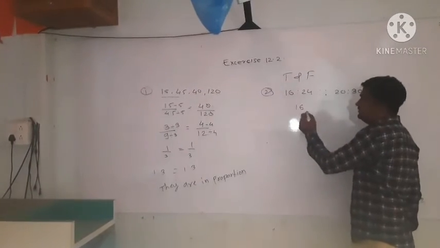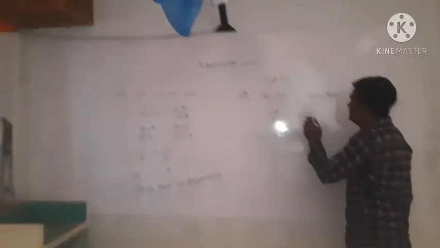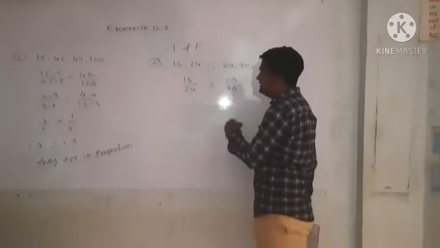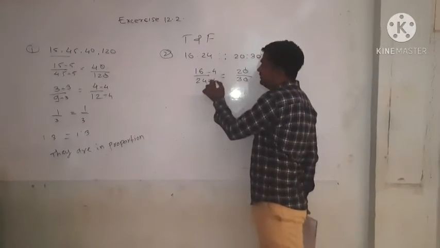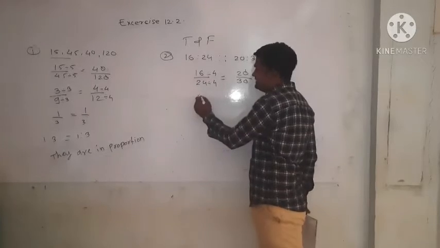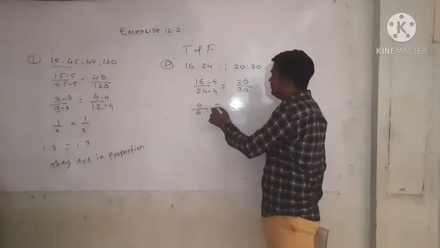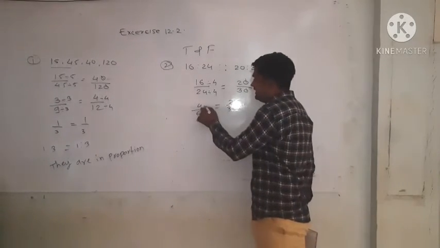Now find 16 by 24 is equal to, yes, 20 by 30. 0, 0 cancel here. In which table are both numbers? In fourth number table. 4 4s are 16, 4 6s are 24. Which remains 2 by 3. In which table are both numbers? In second number table.